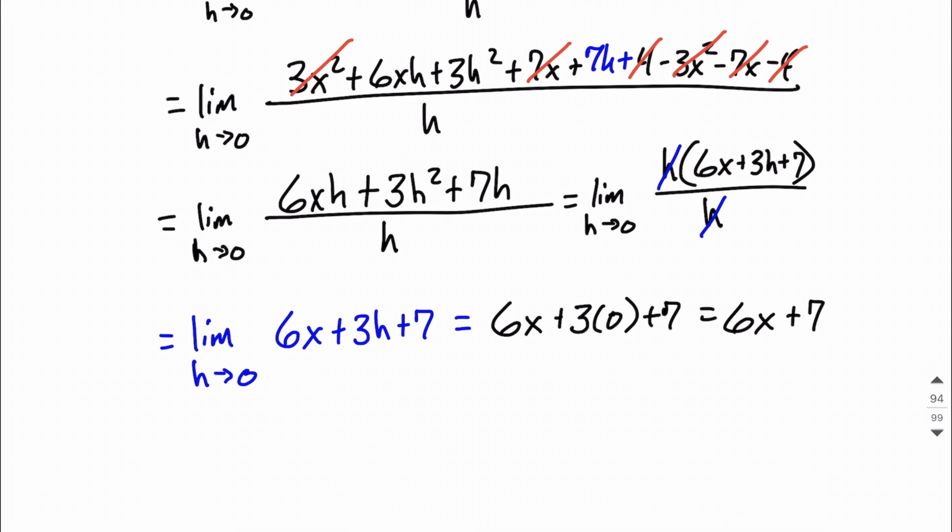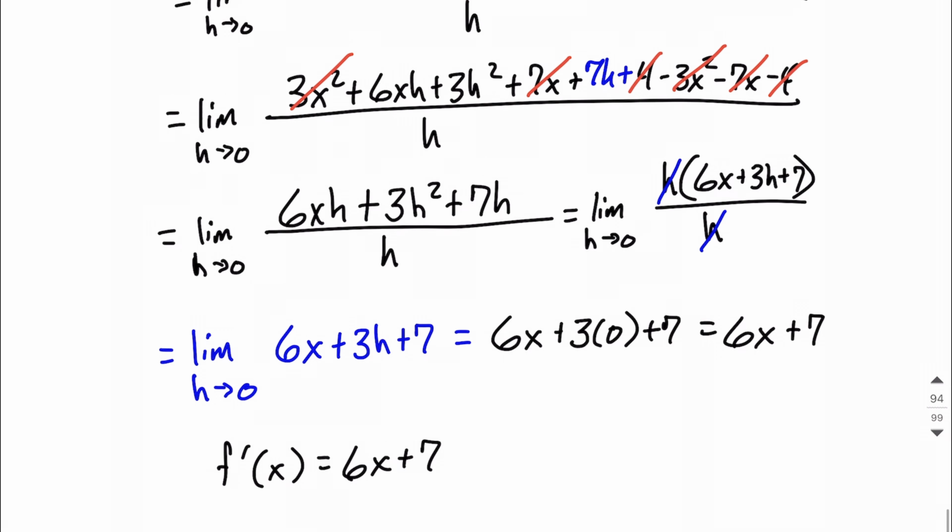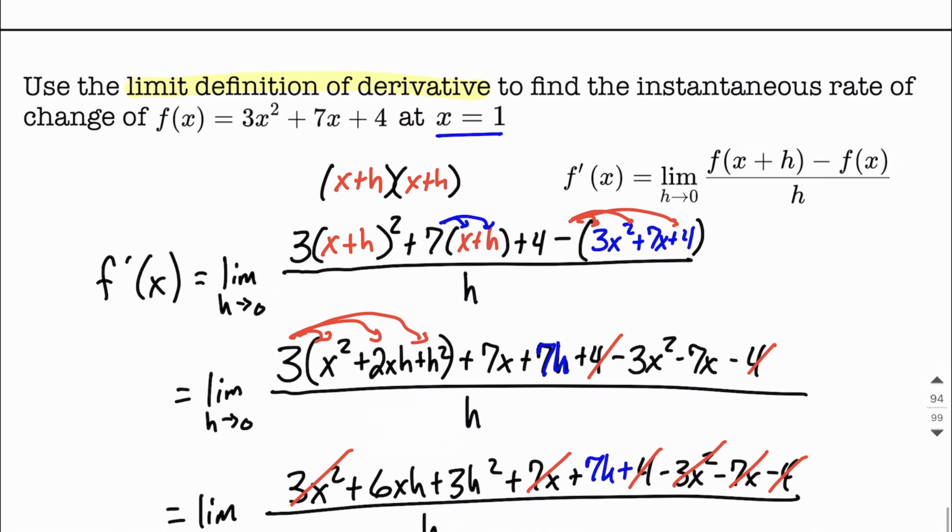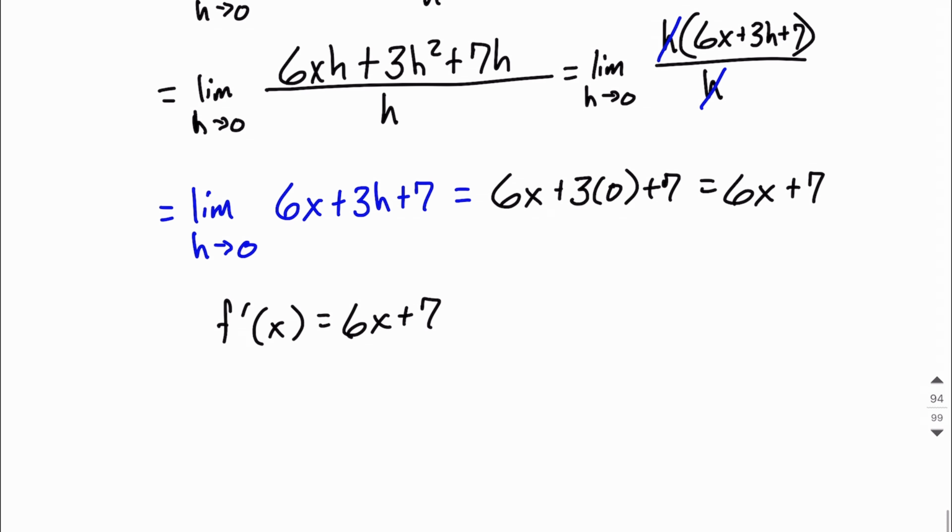And remember, that's our derivative. So f prime of x, the general derivative here, not at a specific value of x, is 6x plus 7. But on ours, we were actually asked for the instantaneous rate of change at this very specific value, x equals 1. So to finish this up, we take x equals 1 and plug it into our derivative.